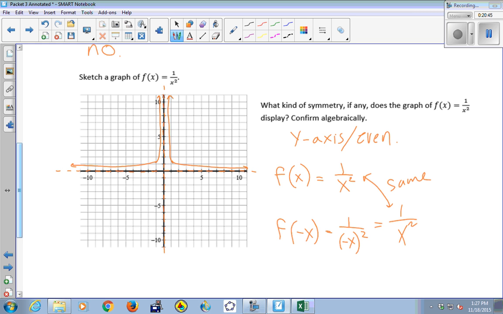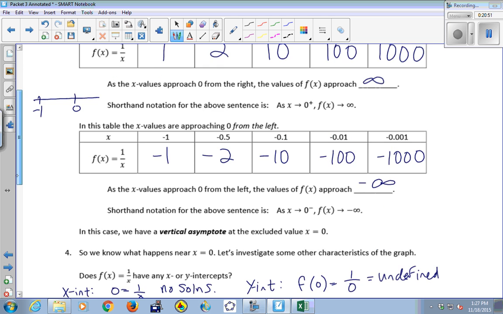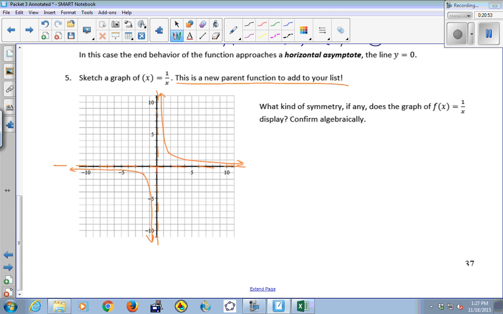All right. Before I send you on to the activities, I want to just quickly go back to 1 over x. Right here. What kind of symmetry does that graph have? Origin symmetry. Origin, or also known as odd. Yeah. Okay, so to confirm that algebraically, I have to evaluate f of negative x and negative f of x, right?